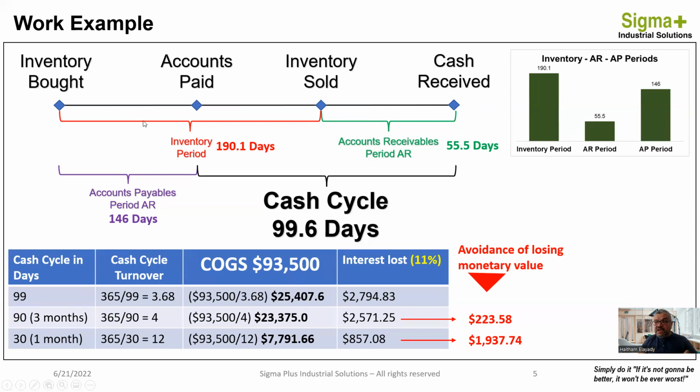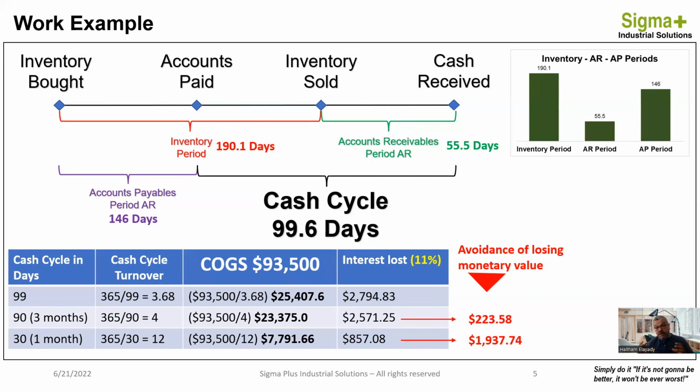So as long as you are reducing the inventory period and you are reducing the accounts receivable period, you are reducing the total operation cycle, then in this case you will reduce the cash cycle. And that's where we can get the hard savings from the cash flow, by having a healthy cash flow for the company.